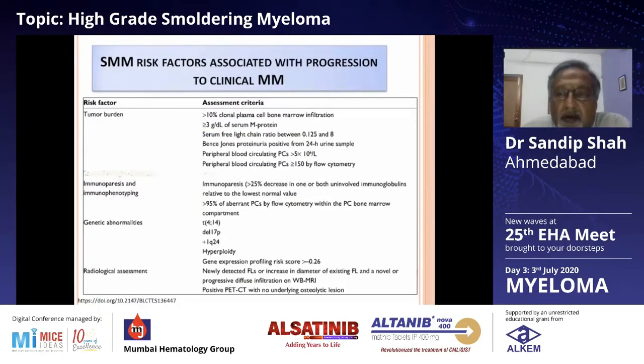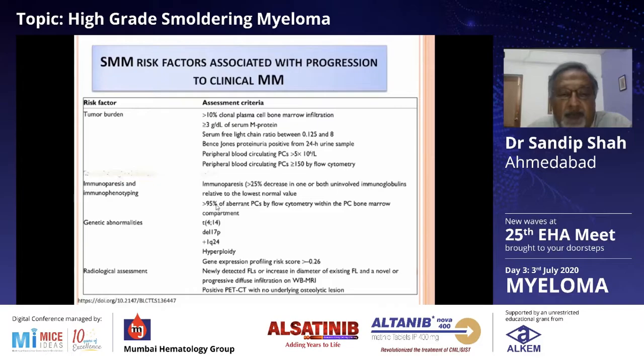So, as we already talked, SMM is a heterogeneous disease. So we should know the risk factors, which patients are going to progress faster, and which patients may need treatment earlier. These are the risk factors: tumor burden, which we already discussed, that is M protein or bone marrow plasma cells. Then immunoparesis, that means greater than 25% decrease in one or both uninvolved immunoglobulins.